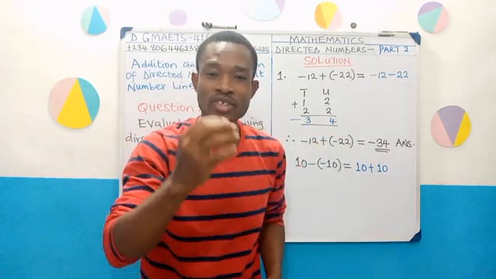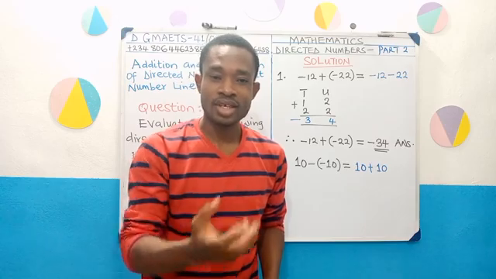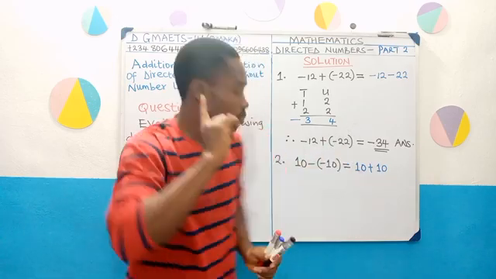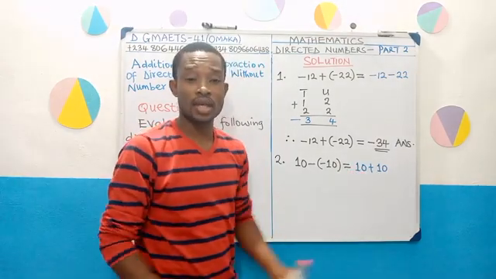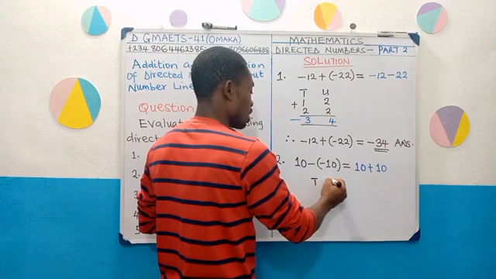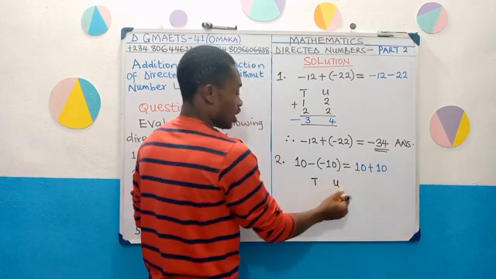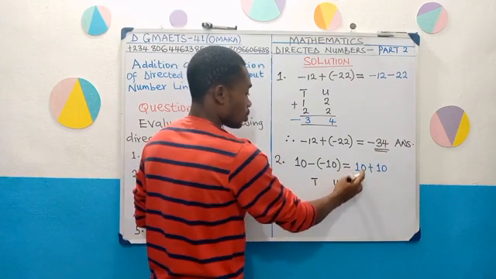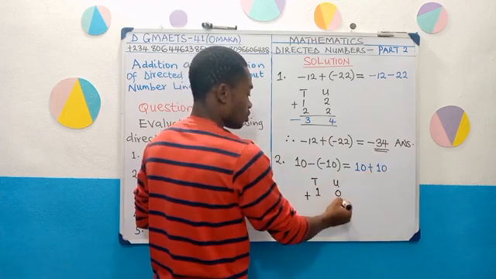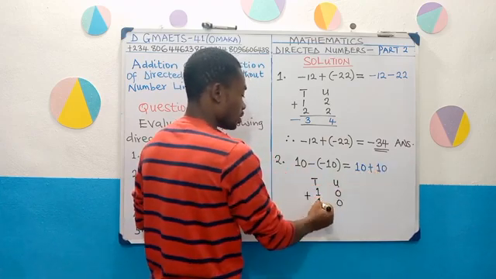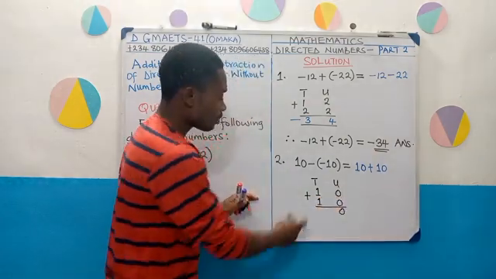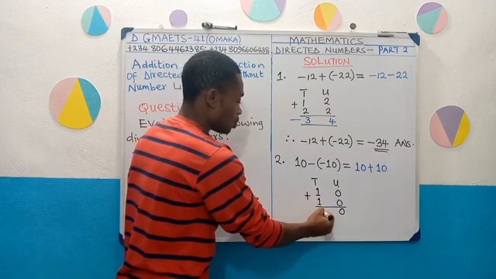When the numbers have the same sign, simply pick the numbers and add them together. Pick one of the signs you have there which are the same. So we'll do that. These are 2-digit numbers, so we're going to have tens and units. This 10 here, I'll write it, 0 will come under unit, 1 will come under tens, then I'll put my plus, 0 will come under units, this 1 will come under tens, then you add, 0 plus 0 is 0, you start from units, 1 plus 1 is 2.